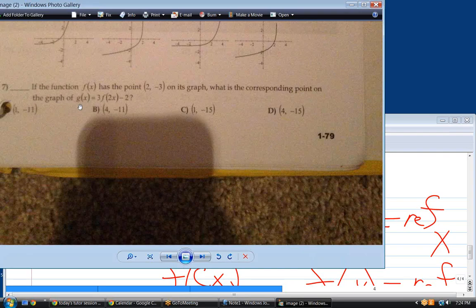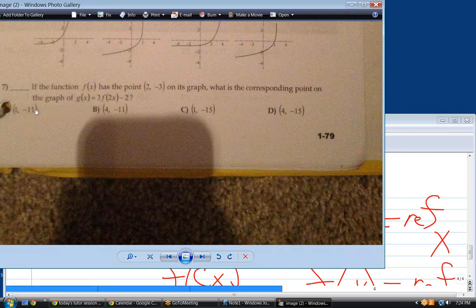What would 3 f of x be, if x was 2, what would 3 f of x be? Based on the fact that this point here is on our curve. It would be 3 times minus 3.